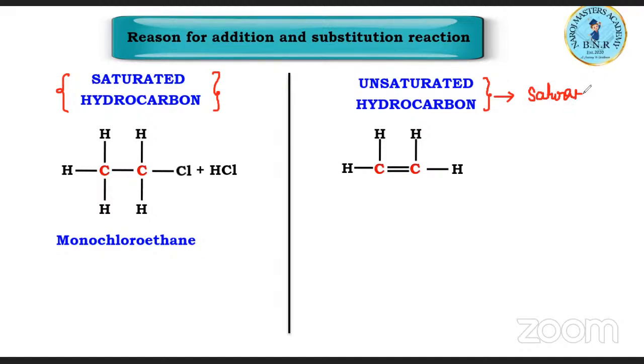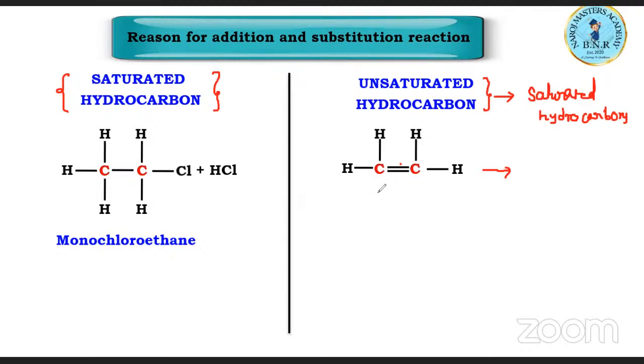What are saturated hydrocarbons? Those which have single bonds. It means we are changing this double bond into a single bond. Now, if you see here, this double bond structure, what is the name of this structure?